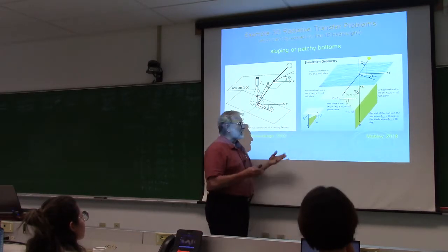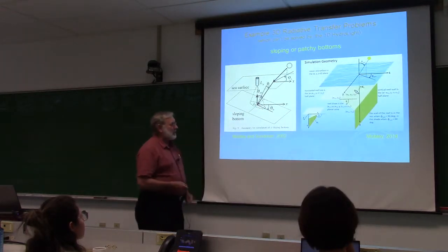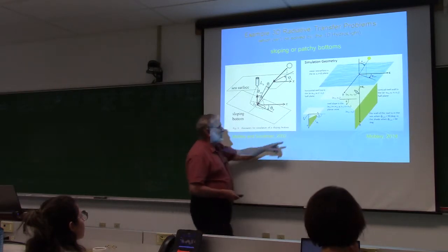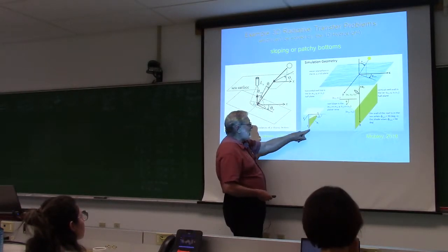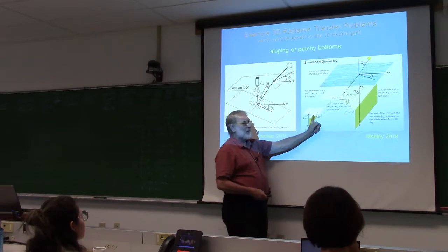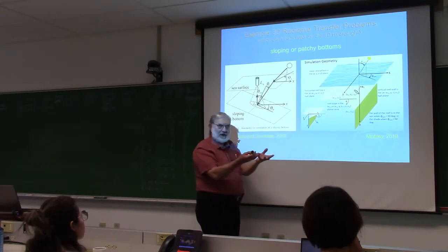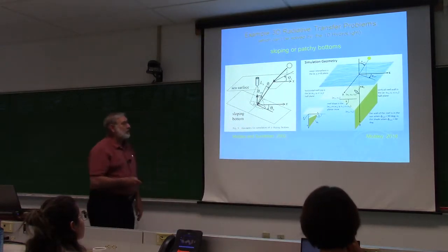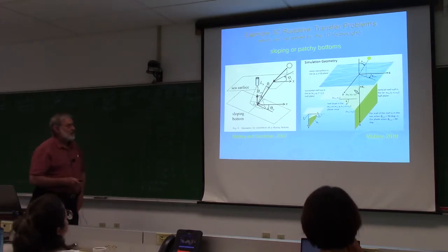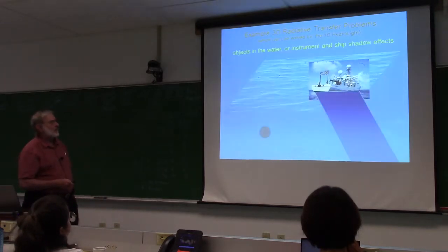Well, that's inherently a three-dimensional problem. You can't solve it with Hydrolite. We also can have little overhangs and say, well, how much light is getting up onto the bottom of this little overhanging bit of reef. So 3D problems like this, you can solve with Monte Carlo techniques, and that's what they're mostly used for.